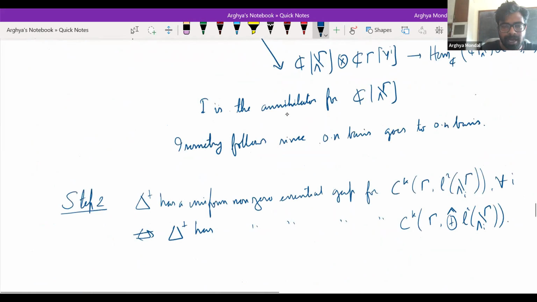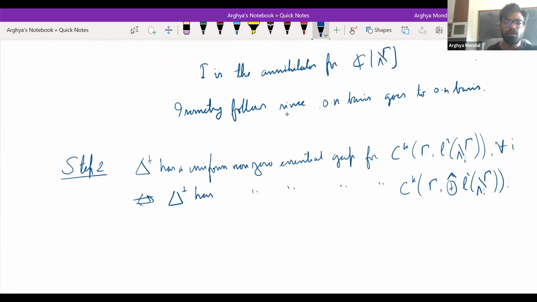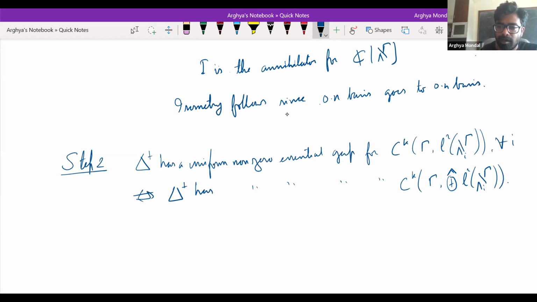So that is the first part, and then the second step is to show that the upper Laplacians have a uniform essential gap for all these quotient complexes if and only if it has an essential gap for one particular quotient complex, which is the quotient complex of the group cohomology of gamma with coefficients in L2 of the direct Hilbert sum of L2 lambda mod gamma mod lambda.